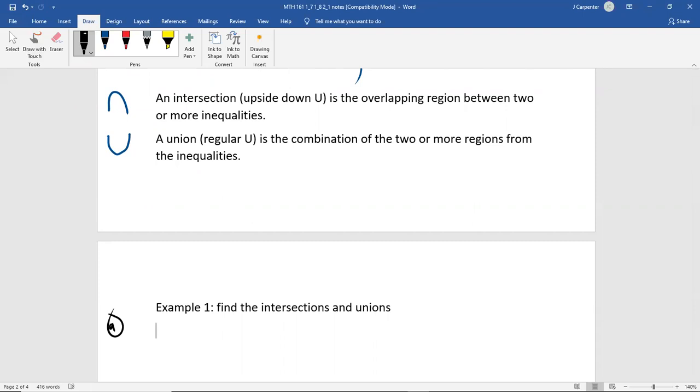All right, so find the intersection or union, whichever is advertised. So for A, actually we will do both.